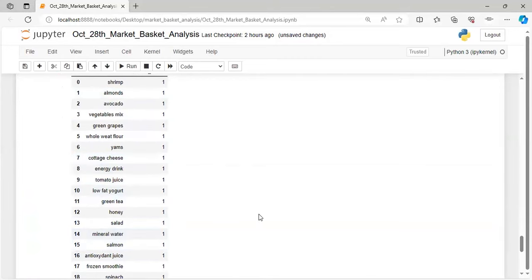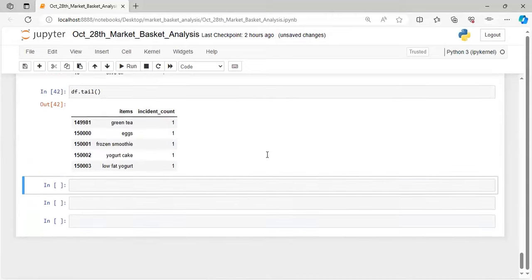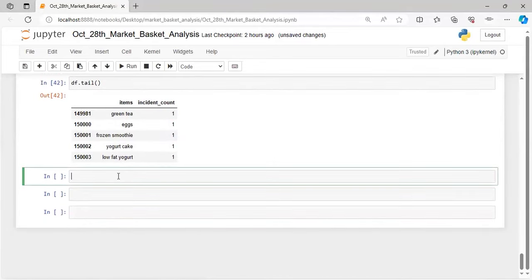We are doing all these things because we want to apply the apriori function, and you have to give the data set in a particular format. So step 4: apply the group by function.